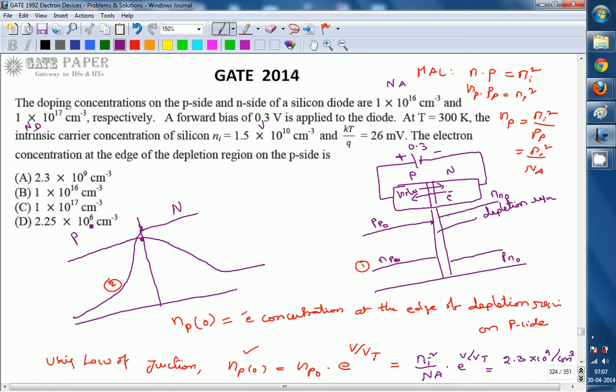Vt is 26 millivolts, which you convert into volts, so 0.026. If you simplify, the answer is 2.3 into 10 power 9. So the right option is A. Thank you.